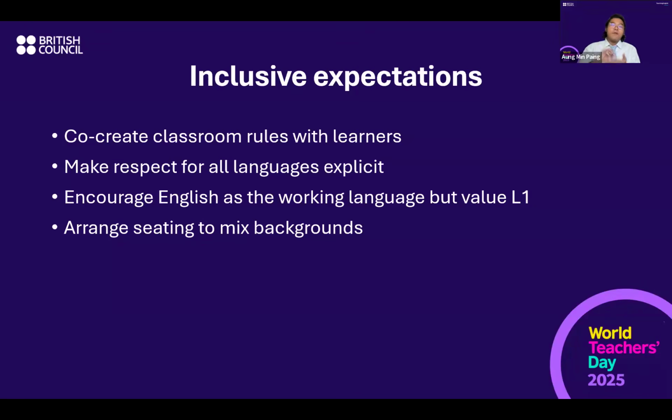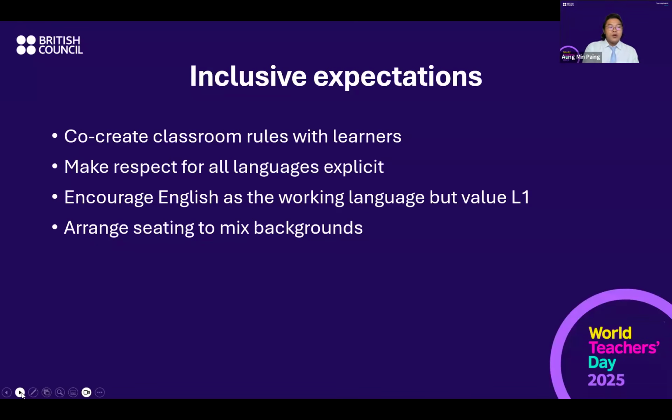Even before we start teaching, we still need to plan ahead. For example, tomorrow I have a physical class. I'll plan ahead that these students would be here and there with a specific person, or maybe we change the seating plans every single time, after every activity. That's one of the rules or tips that we can use to be able to create inclusive expectations.